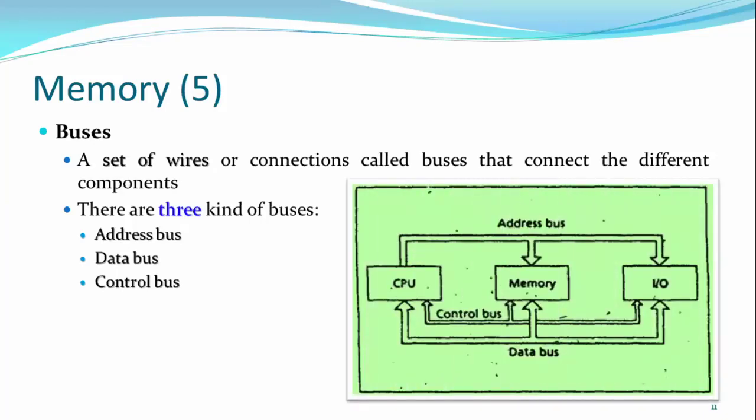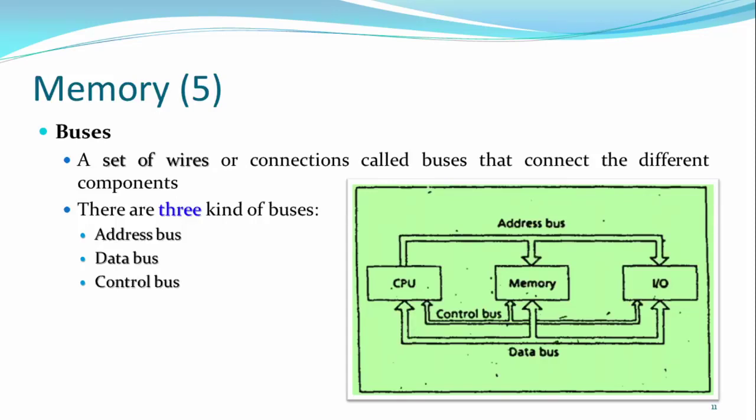Look at the picture and at the address bus, and you can see its configuration or layout. Then you can see the data bus and the control bus. The integration of these three, the data bus, address bus and control bus, is what we call the system bus.